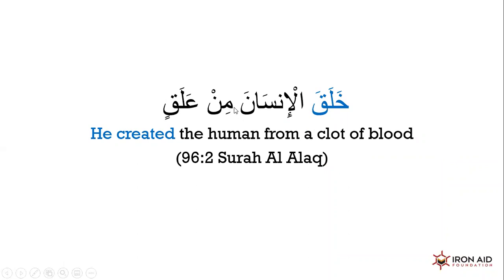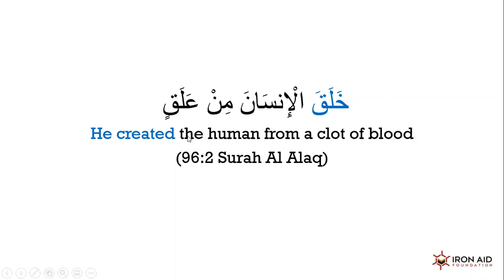خلق الإنسان من علق. So this whole sentence we should be able to deconstruct with what we have learnt so far. So خلق, he created. الإنسان. Because it has a fatha, we know that this is the maf'ul bihi.